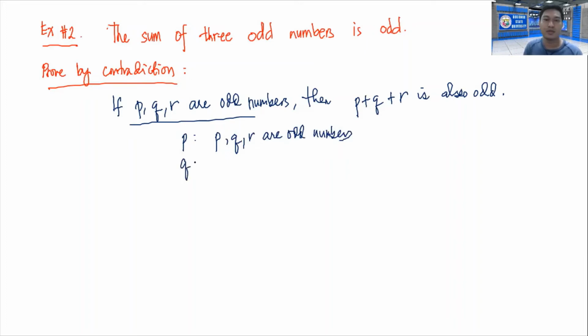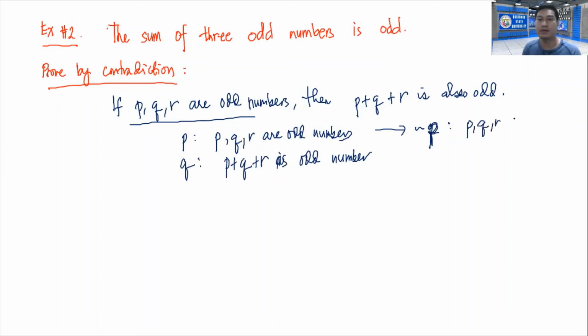And our Q here is that p plus q plus r is an odd number, or the sum of p, q and r is odd. To get the negation of P, you can have p, q, and r are even numbers. And here, the negation of Q is that p plus q plus r is an even number.